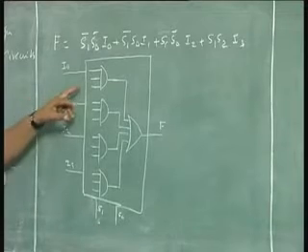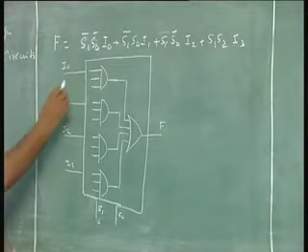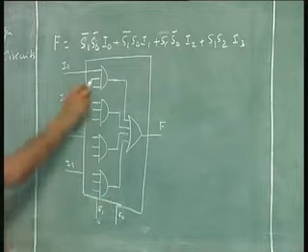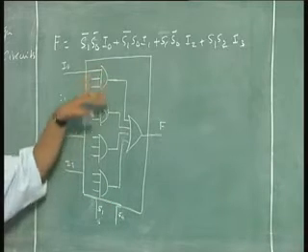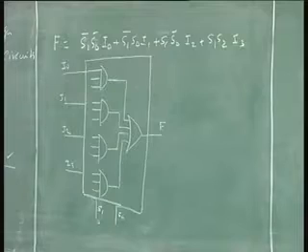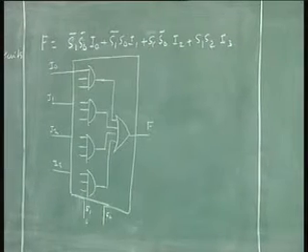So for this gate, for example, I need to feed this. This is S1 with the inverter, this is S0 with an inverter. Then like that you can complete the drawing. I am not showing it because it becomes a very messy affair on the board.